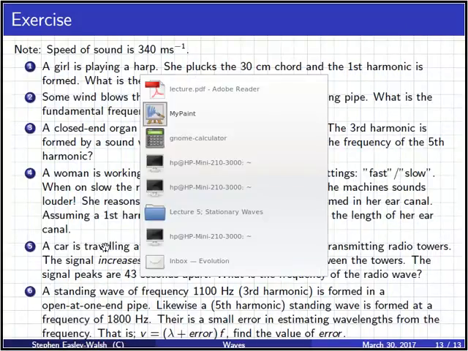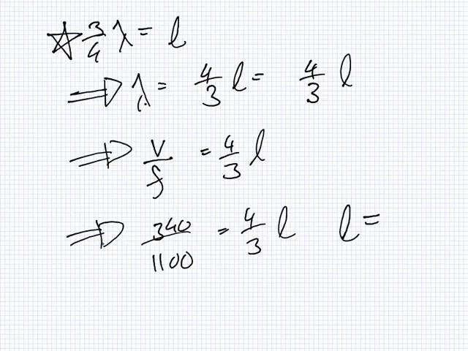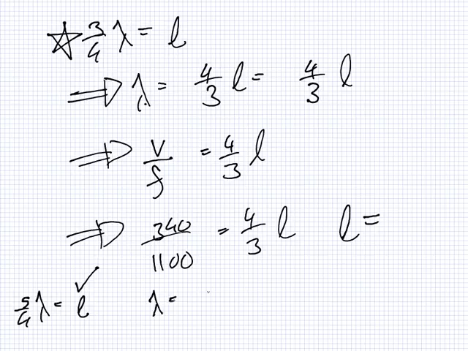The frequency of the fifth harmonic. So the fifth harmonic, how much of the wave is in the fifth harmonic? 5 quarters. So 5 quarters of the wave is equal to the length of the pipe, which we now know. So the wavelength is equal to 4/5 the length of the pipe, which we know. I don't want the wavelength. What do I want? The frequency. So V over F is equal to 4/5 the length of the pipe.